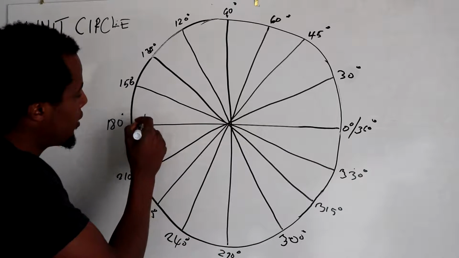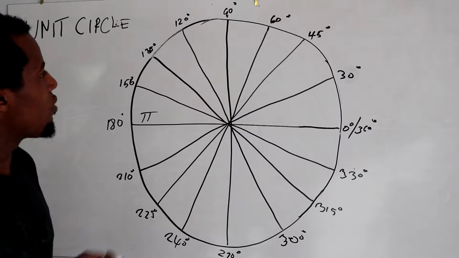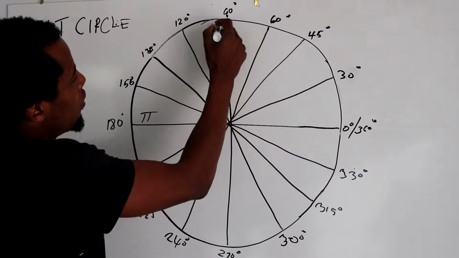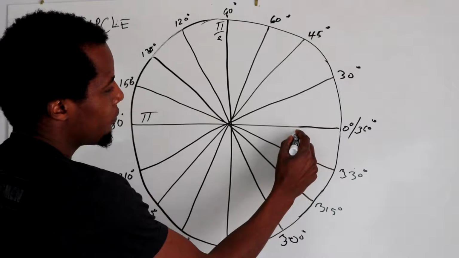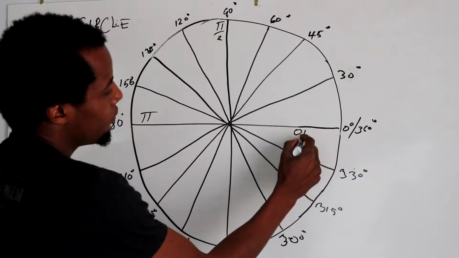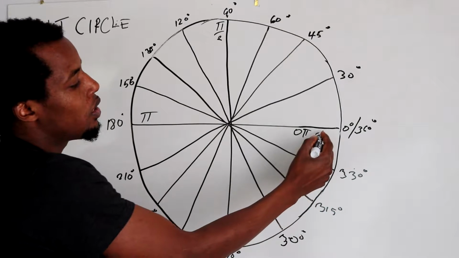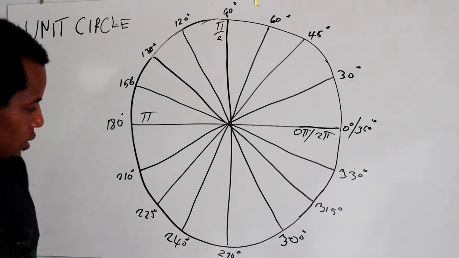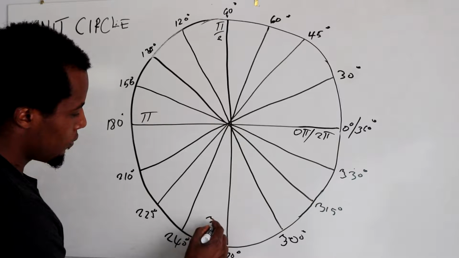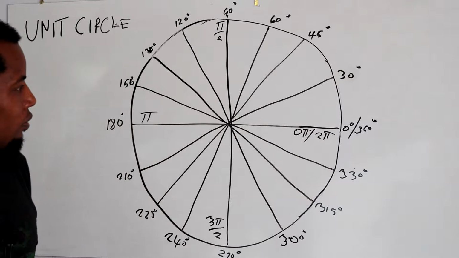So we're going to say here is pi. 90 degrees is pi over 2. 0 degrees is 0 pi, or 2 pi, because 360 degrees is 2 times 180 degrees, and 180 degrees is pi. 270 degrees is 3 pi over 2. 90 is pi over 2.